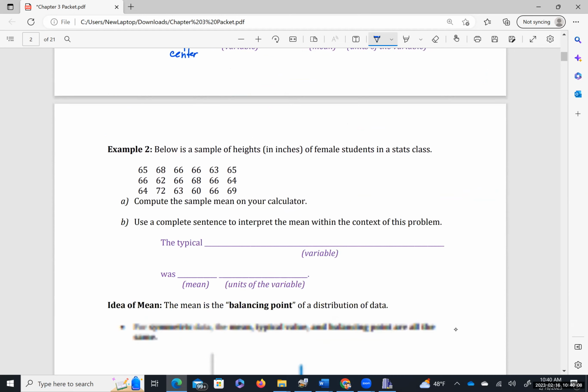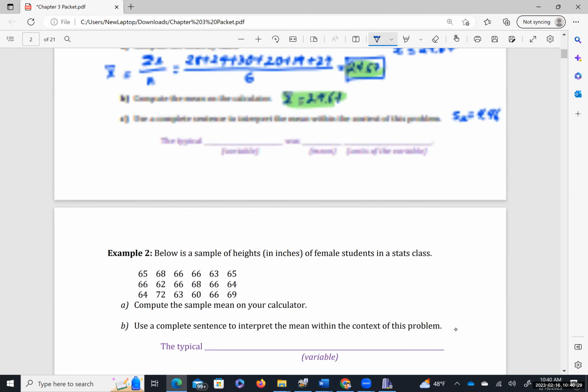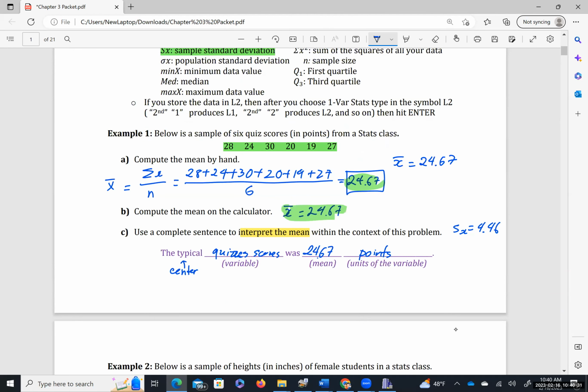Let's move to example 2. This is a sample of heights in inches of female students in a stat class that I collected before. As you saw before, if you have a few data values like 6, you can compute by hand easily.